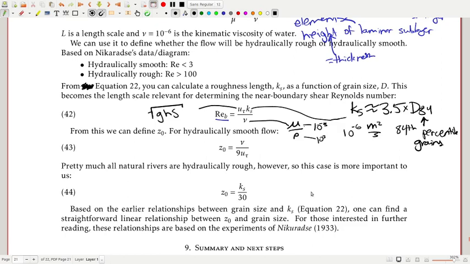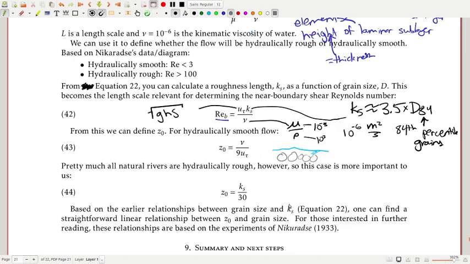That's because all of these small stones or roughness elements on the bed are nicely under a gently undulating sheet of flow that has a laminar velocity profile. And so there's just viscous drag between the bed and the flow. But pretty much all natural rivers are hydraulically rough. I'll leave you to go through this exercise and figure that out if you so choose.